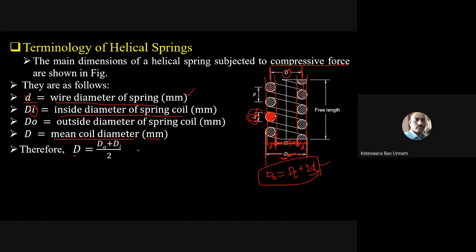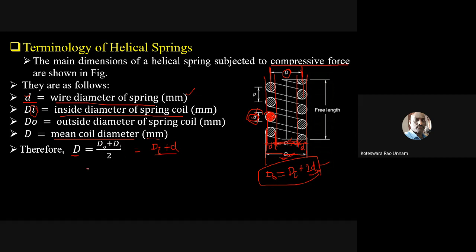The same thing I can express in another way also. How can I write it here? The mean diameter D should be equal to Di plus d. How? You can substitute for this Do. We wrote Do is equal to Di plus 2d.